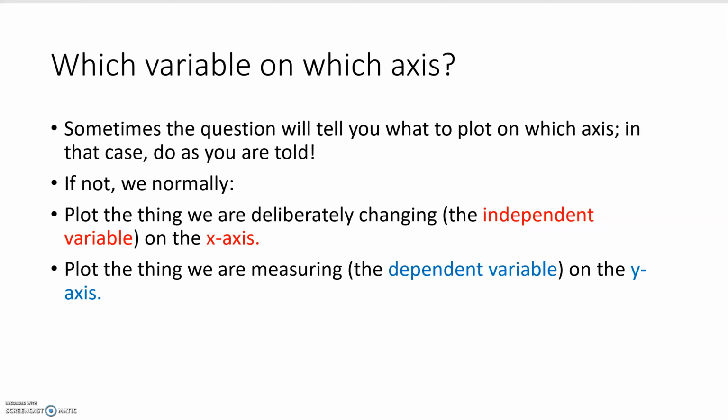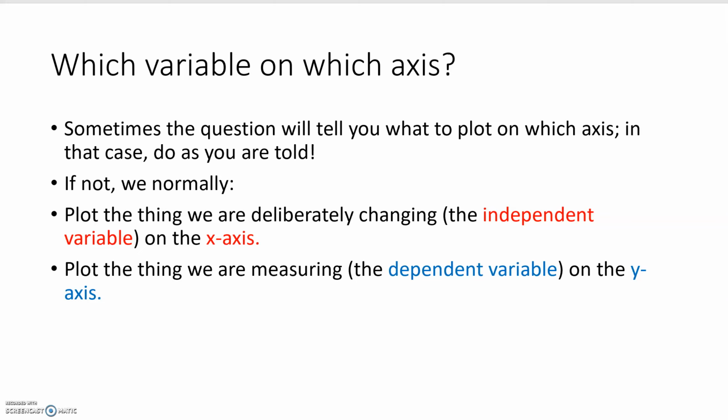Another issue with some students is that they don't know, when both data are numerical, which side they need to put what. Now, the thing you need to remember is on the x-axis, you're always going to have your independent data. Independent is something that you deliberately changed in your experiment. And on the y-axis, you are going to have the dependent data.